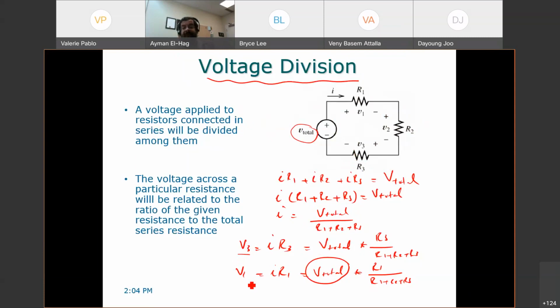If I want to find V1, it is your V total times R1 divided by the summation of all resistors in series, R1 plus R2 plus R3. So I don't need to do any of this derivation. I can directly, in one shot, find this specific voltage.